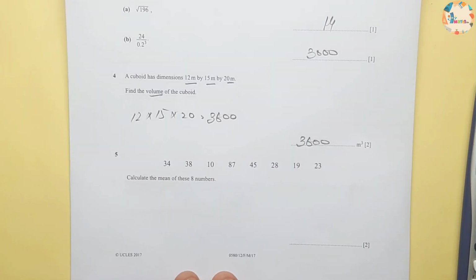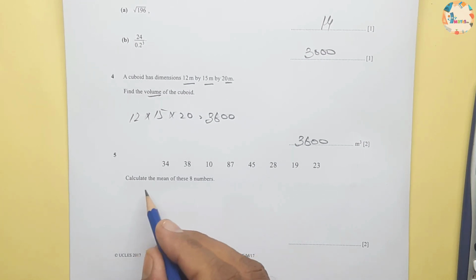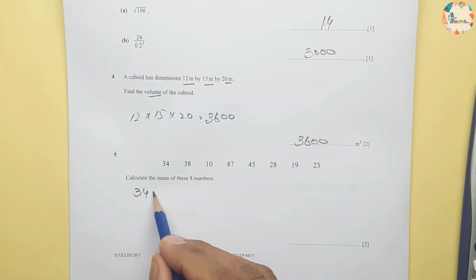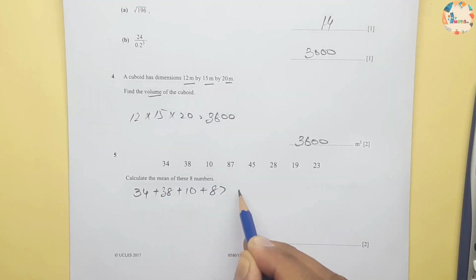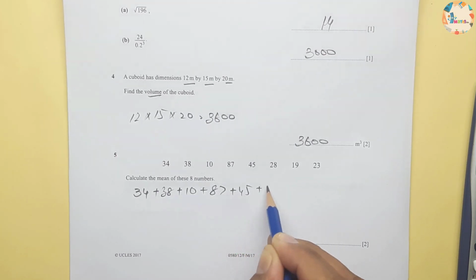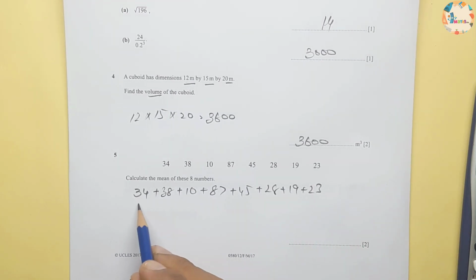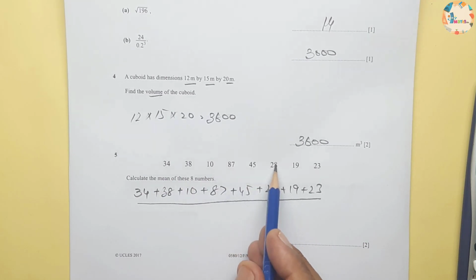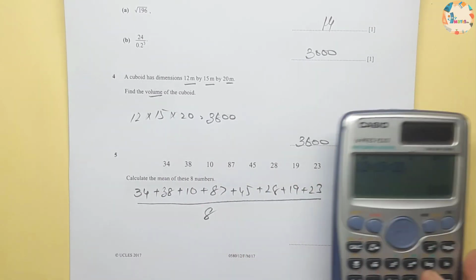Question number 5. Calculate the mean of these 8 numbers. We'll have to add them: 34 plus 38 plus 10 plus 87 plus 45 plus 28 plus 19 plus 23, and divide by the number of values, 1, 2, 3, 4, 5, 6, 7, 8. So we divide by 8.